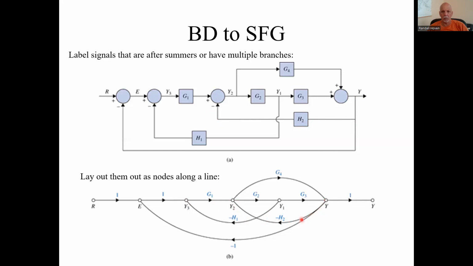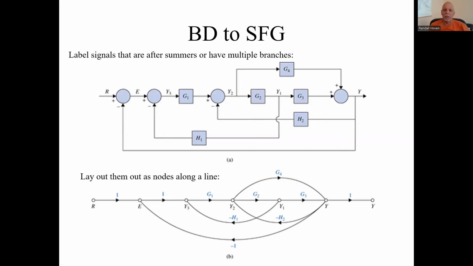So this little feedback path here accounts for this feedback path. We've already accounted for this big feedback path, this feedback path, and now this feedback path. So we've got those three feedback paths. What's one more, from Y2 up to Y? It goes through G4, so you have to put the G4 in. That's how you do it.